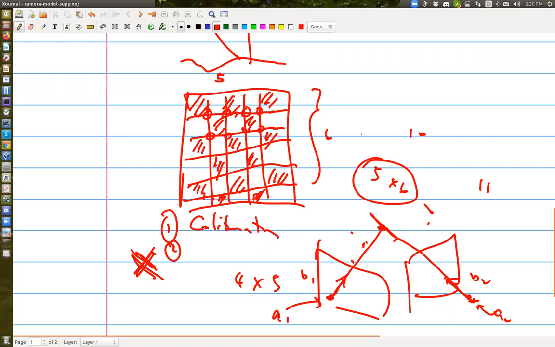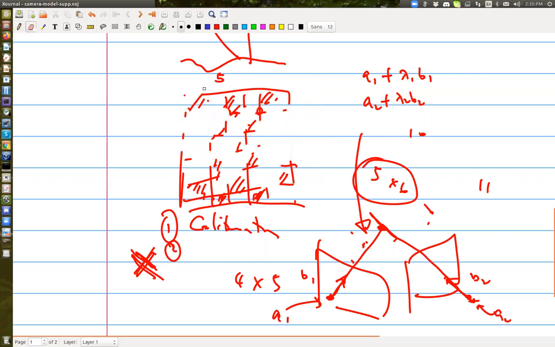First I can parameterize these two lines. One will be A1 plus lambda 1 B1, and the other is A2 plus lambda 2 B2. If I want to find the point of intersection, one way is to solve an optimization problem.